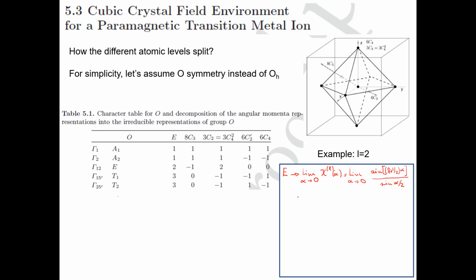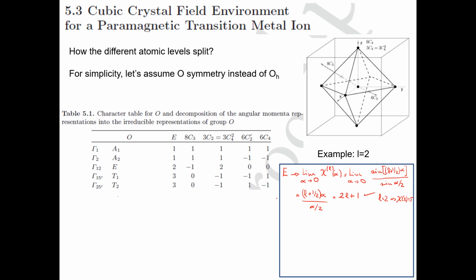And this limit is basically (L plus 1/2) times alpha divided by alpha over 2, which is basically 2L plus 1, right? So 2L plus 1 is the character of the full rotation group for any value of L. In the case of L equals 2, the character for the identity is 5, right?